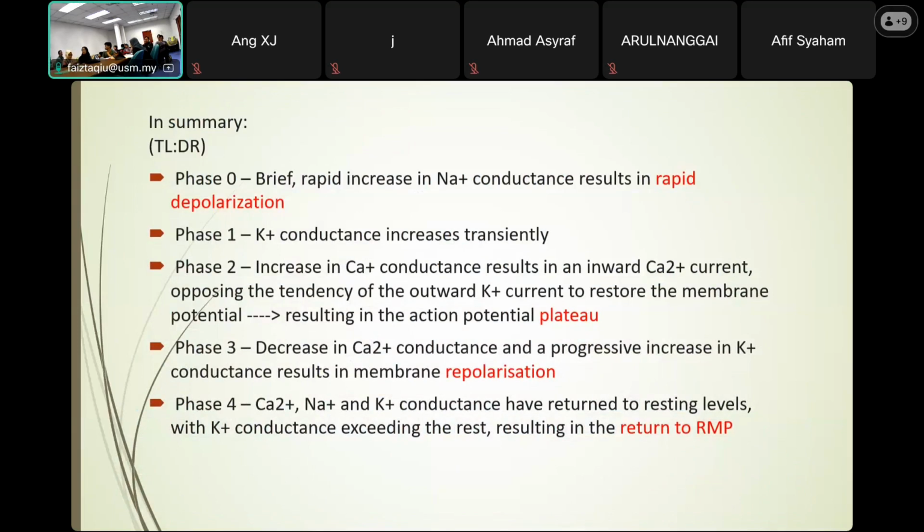The tricky part is when they come to apply this. Sometimes it is an excellent question: what changes can happen to the action potential when there is hyperkalemia?